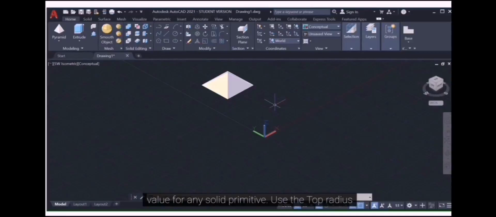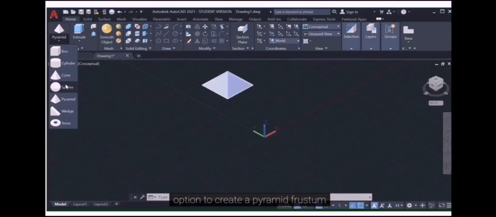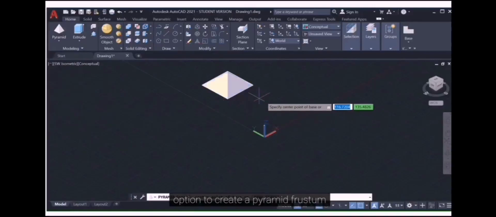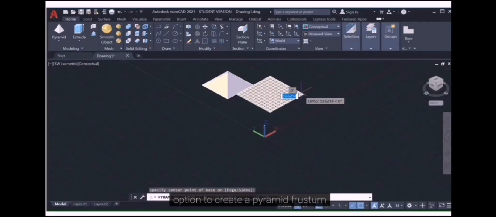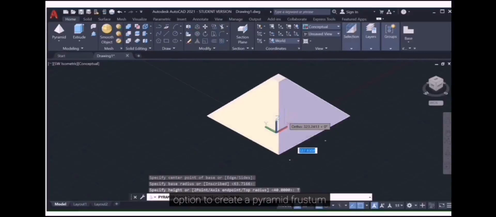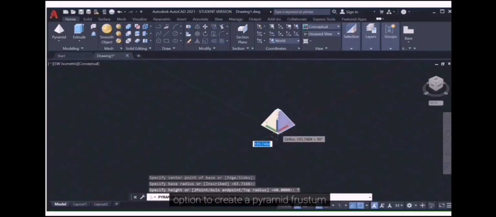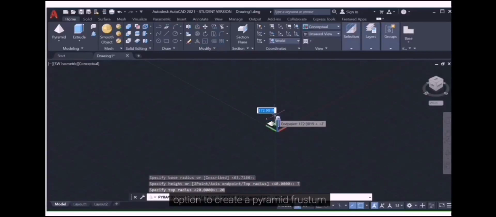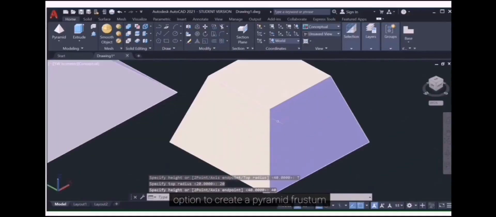Use the top radius option to create a pyramid frustum. Like this.